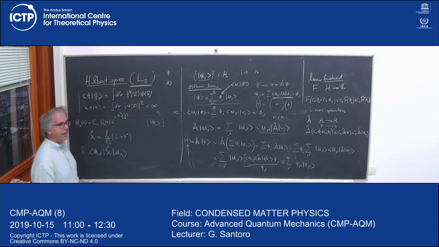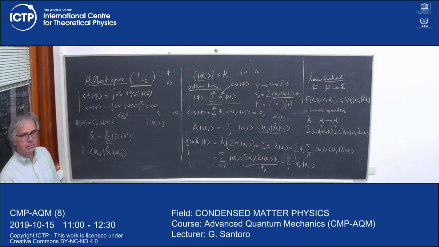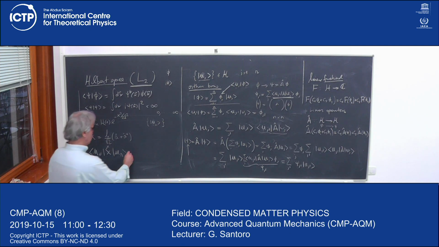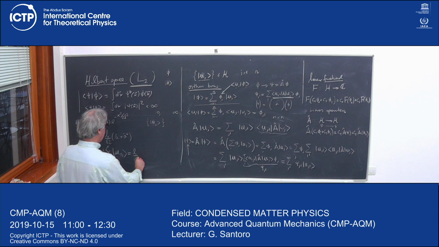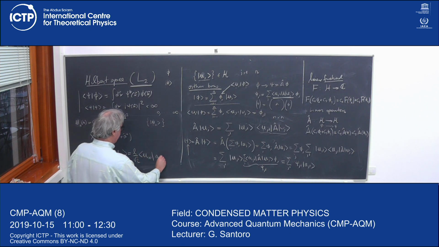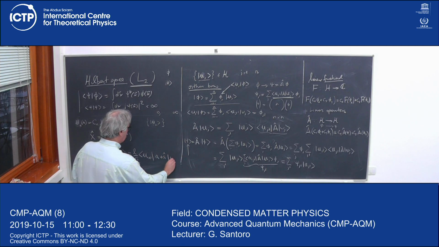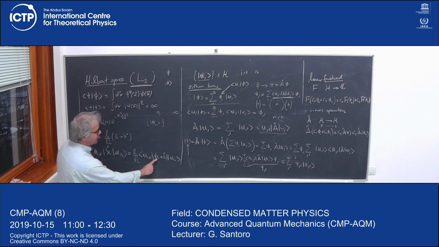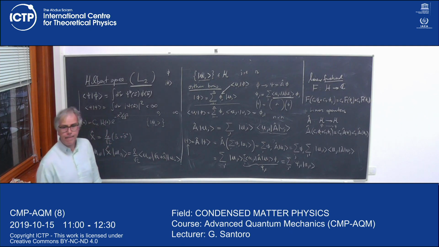How do I calculate this matrix element? First of all, writing the necessary ingredient, which is a plus a dagger acting on u_n. How do I calculate the matrix element, for instance, of a?